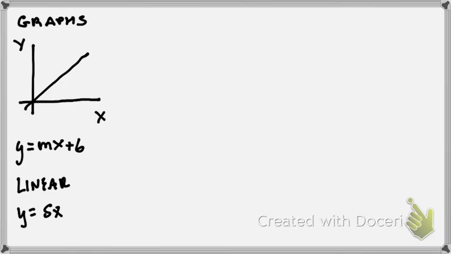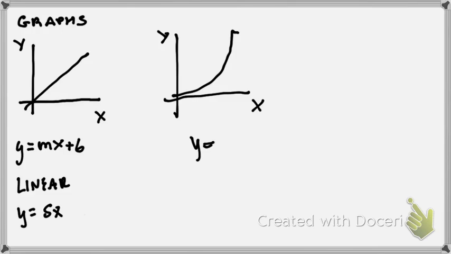Let's just draw another one. So we have y and x. This is the exponent, right? So the exponent is just going to be y is equal to x raised to n. Examples of this would be y is equal to 2 raised to x.